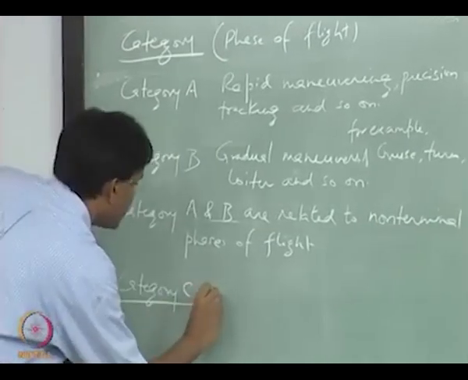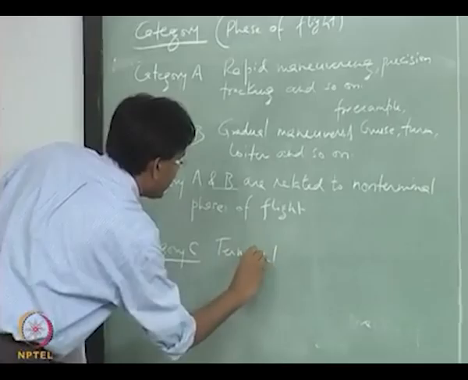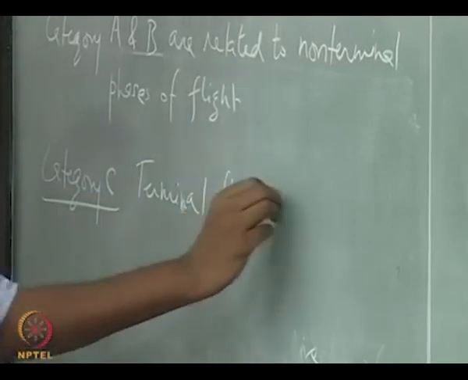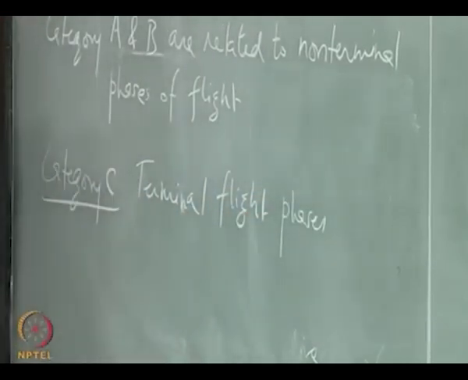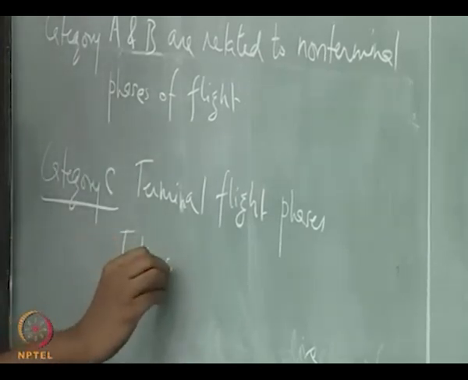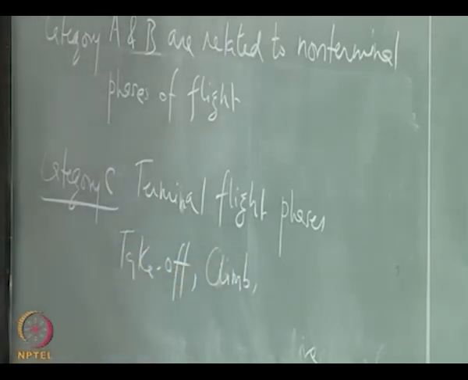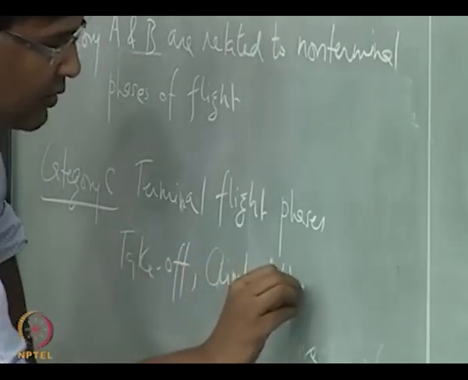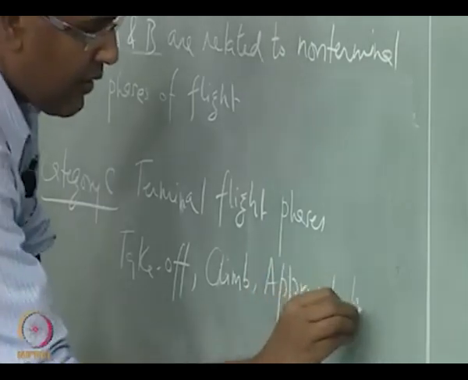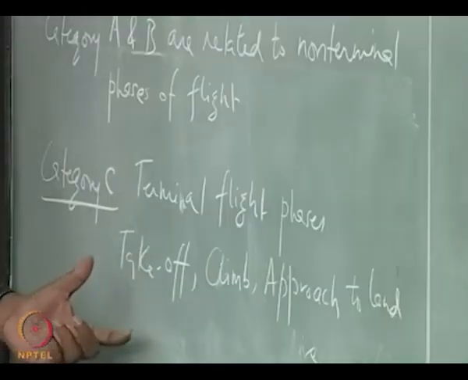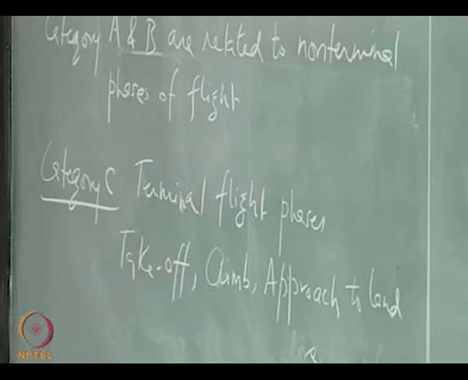Category C is related to the terminal flight phases, and in this case takeoff, climb, approach to land. All right.